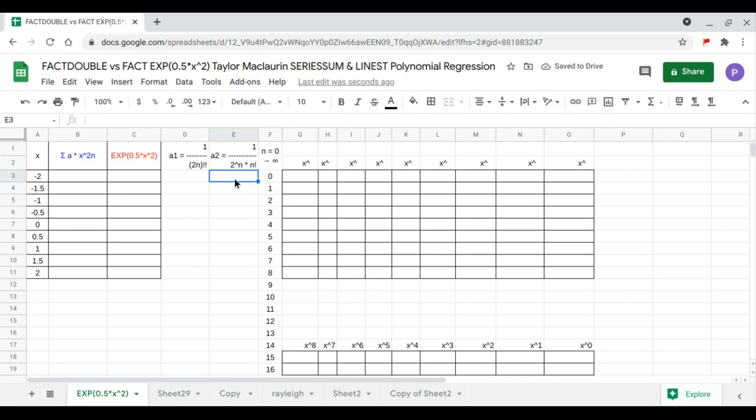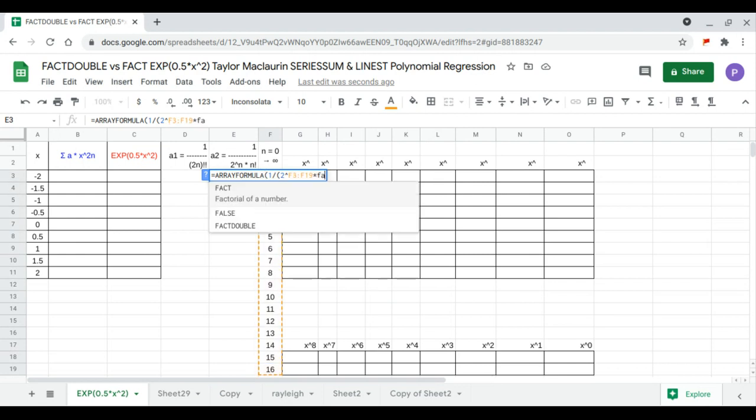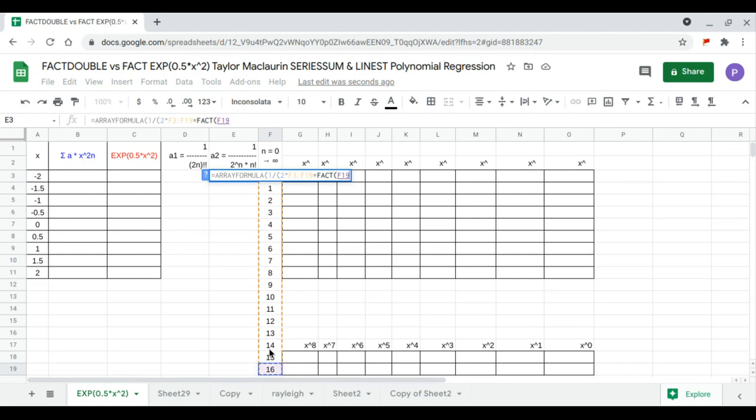Now we continue with the Taylor-Maclaurin series sum coefficient. Start with the factorial. So this array formula: 1 over, there are two parts, 2 to the power n times factorial of n. Then enter.